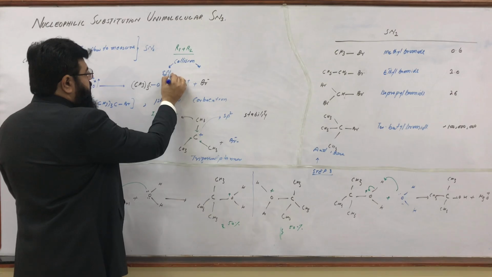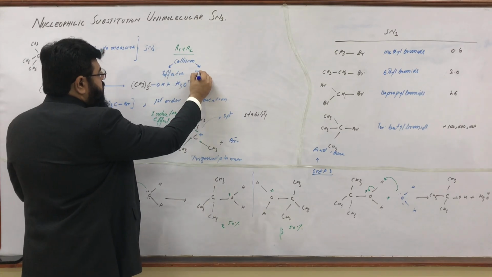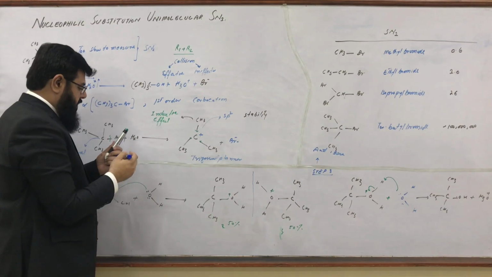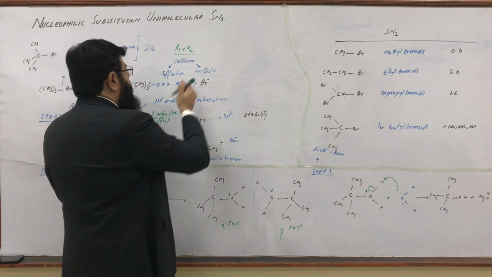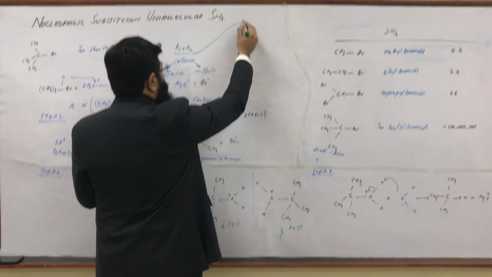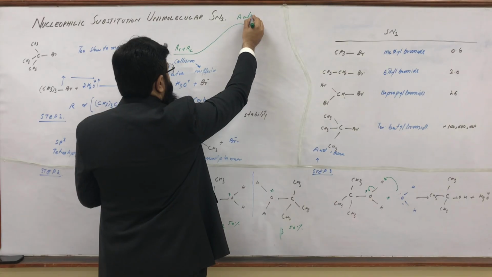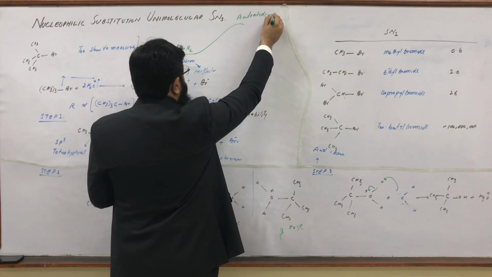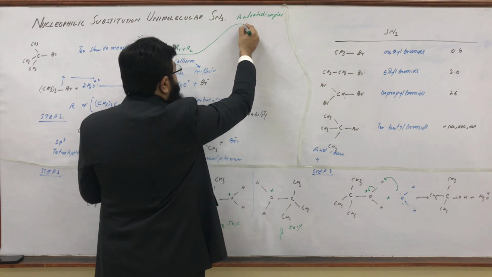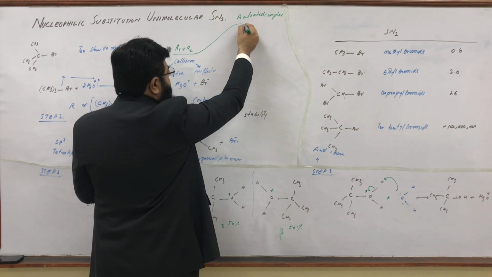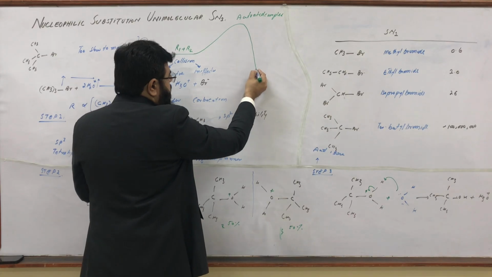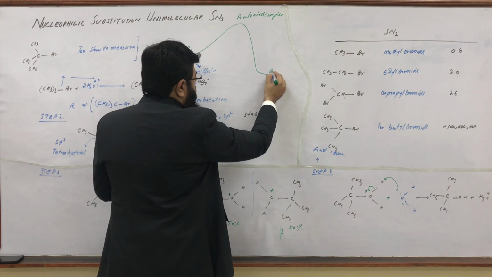When there is an effective collision between two reactants, they will transform into an activated complex. This activated complex, by following a certain number of steps, will break up into products.